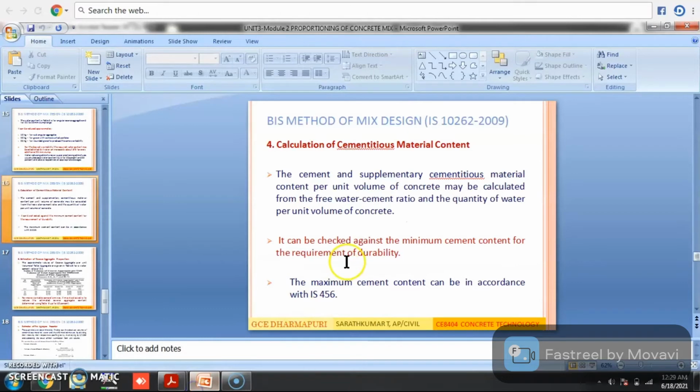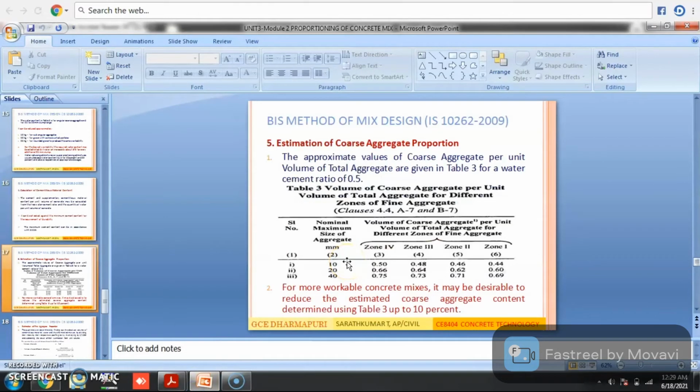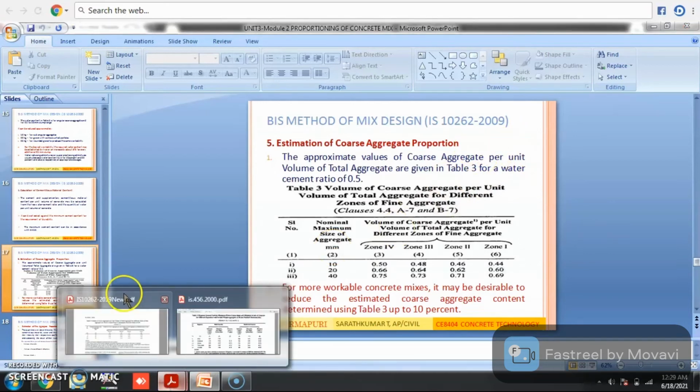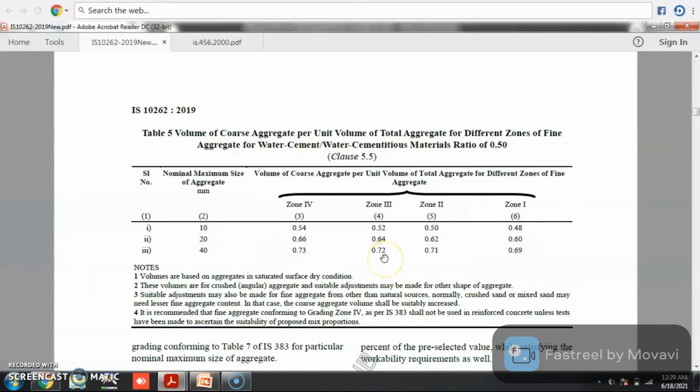The next step is estimation of coarse aggregate proportion. It is given in Table 5 of IS 10262 2019. Here, as you can see, based upon the nominal maximum size of aggregate, the volume of coarse aggregate per unit volume of total aggregate for different zones of fine aggregate is given.